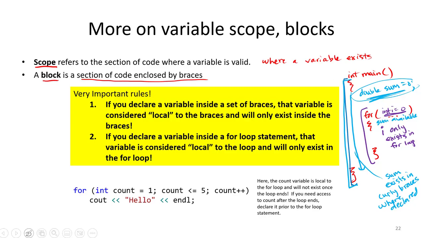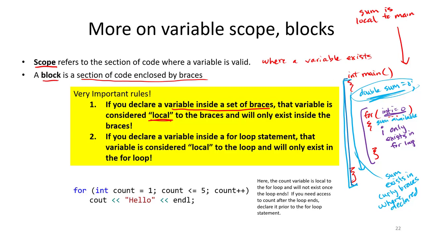So that leads us to these two important rules. First rule, if you declare a variable inside a set of braces, that variable only exists within those braces. We say in formal terms that that variable is considered local to the braces. So in this case, in the example I drew, sum is local to main because it exists in main's braces.